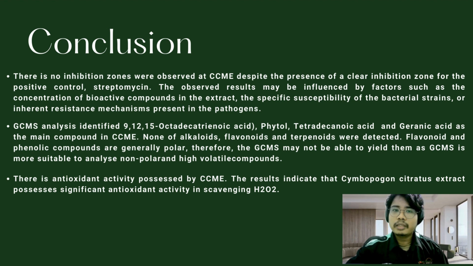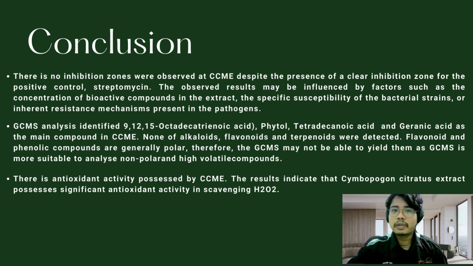And for the conclusion, no inhibition zones were observed for C. citratus methanol extract despite the presence of a clear inhibition zone at the positive control, which is streptomycin. The observed result may be influenced by factors such as the concentration of bioactive compounds in the extracts, the susceptibility of the bacterial strains, or inherent resistance mechanisms present in the pathogens.